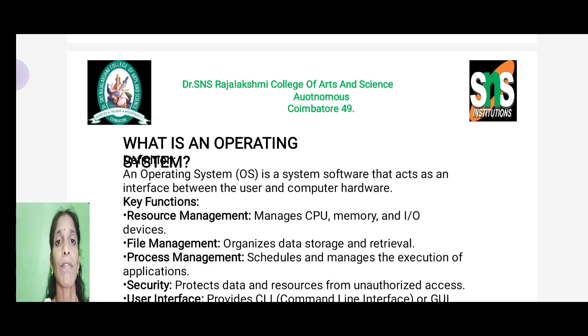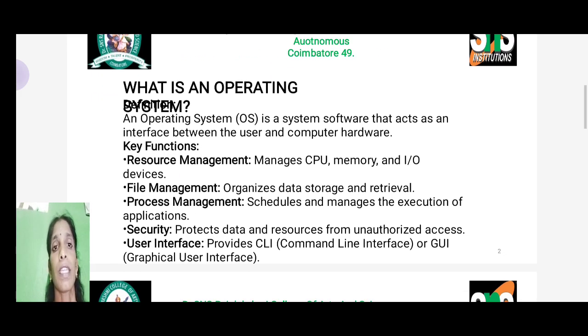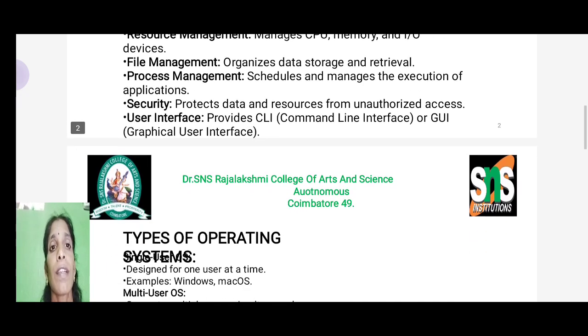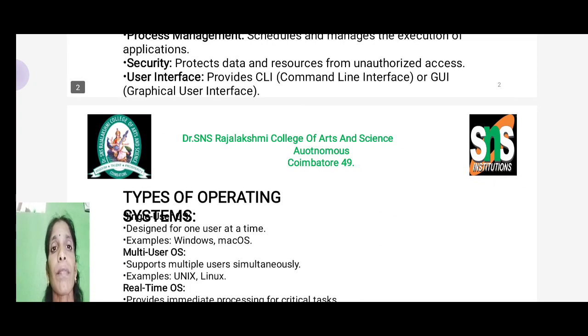We have a number of listed processes which can be processed by the processor. For that we have to maintain an execution order, that is called process management. Security is another important function. It protects the data and resources from unauthorized users. User interface provides a command line interface or GUI, that is graphical user interface. So these are all the main key functions of an operating system.